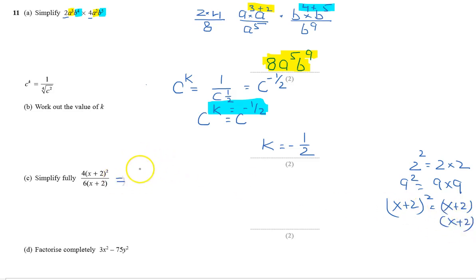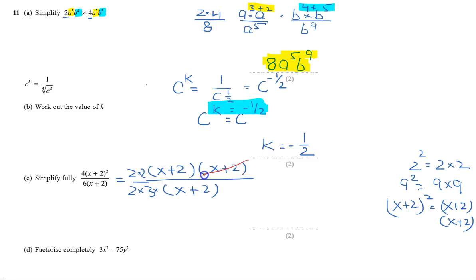So this will be equal to 4 times (x plus 2) multiply (x plus 2) over 6 times (x plus 2). Even this 4 can be written as 2 multiply 2, and 6 can be written as 2 multiply 3, and (x plus 2).